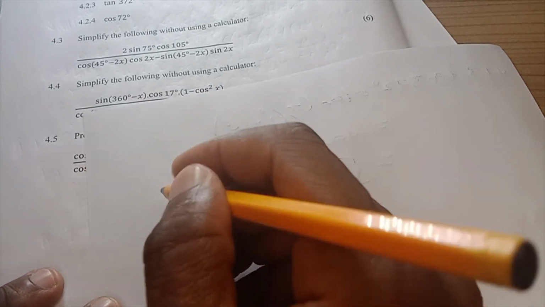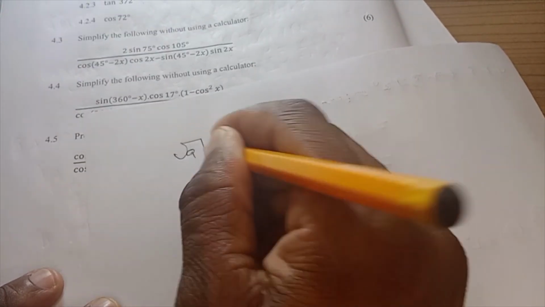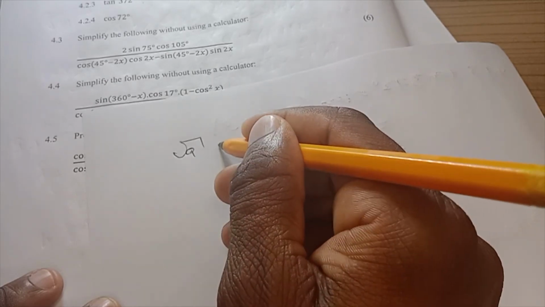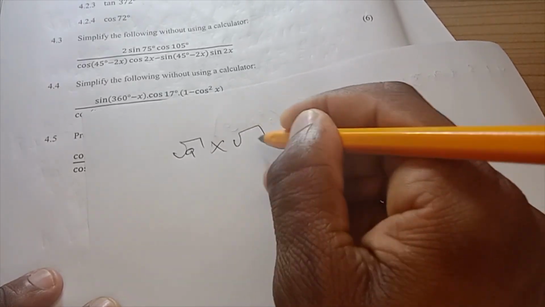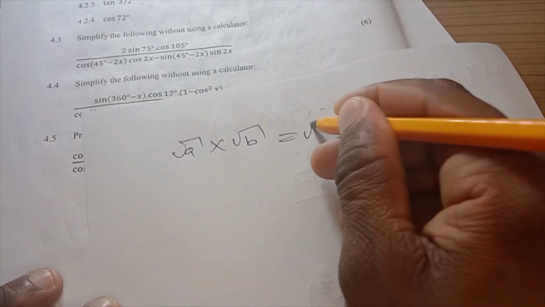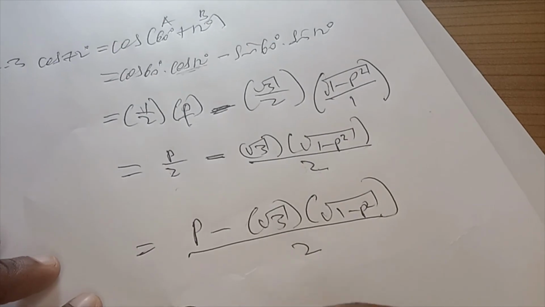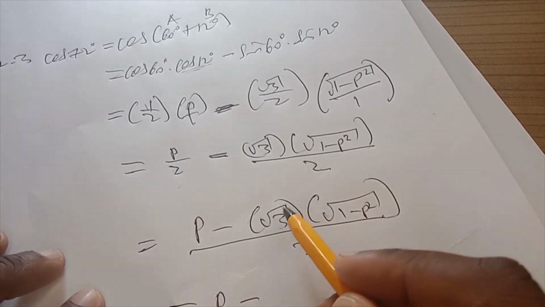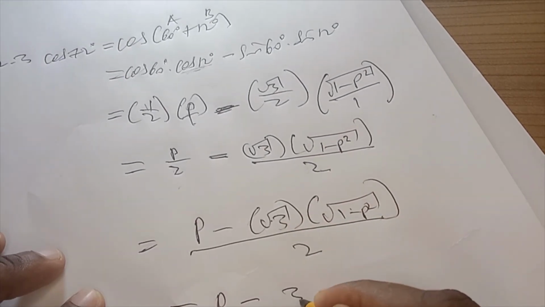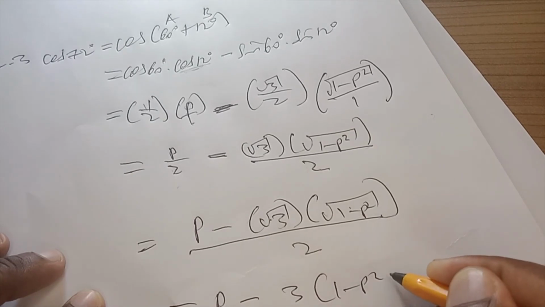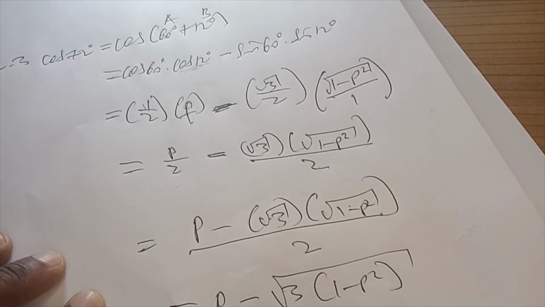Here we are having that law which says that if you have the square root of A multiplying the square root of B, the result is the same as the square root of A times B. We can use it here: this one and this one multiply inside, all of them under one root.